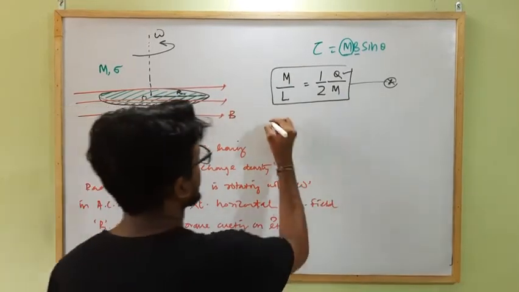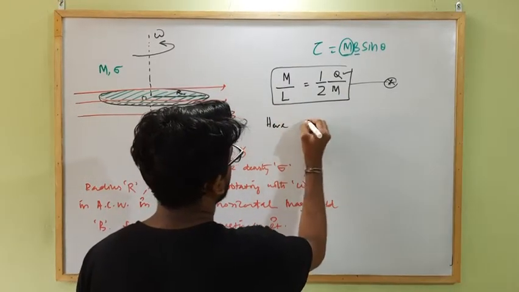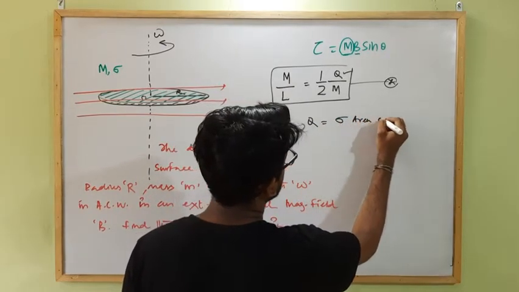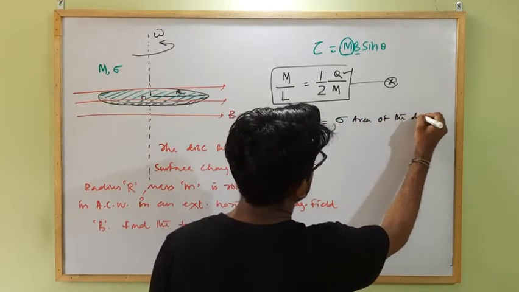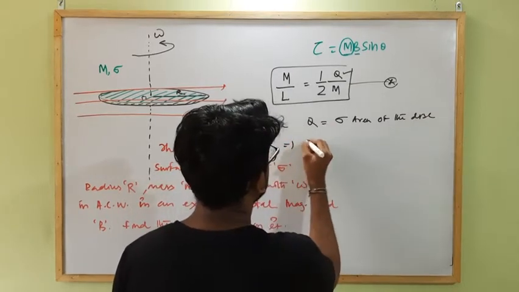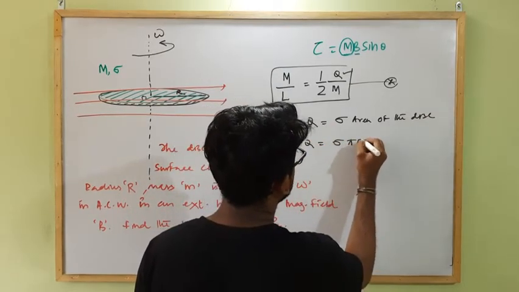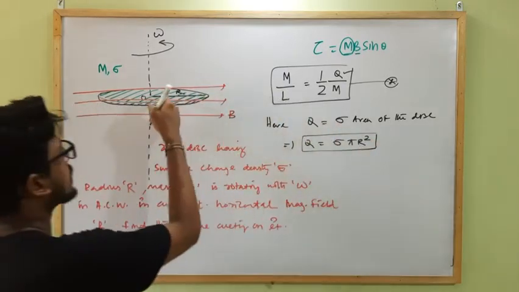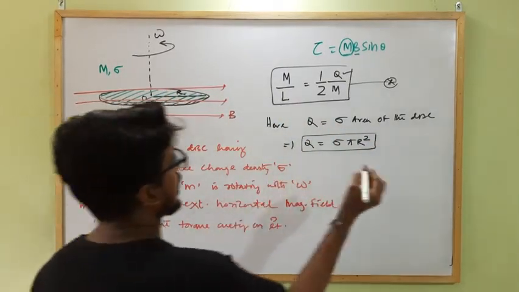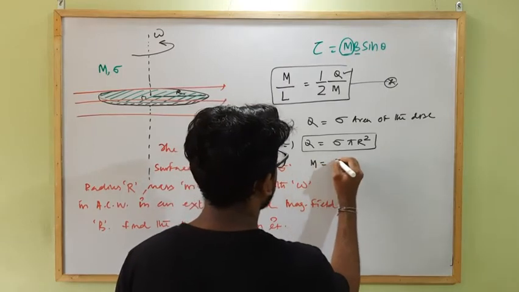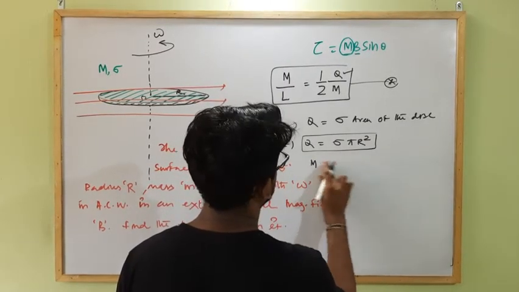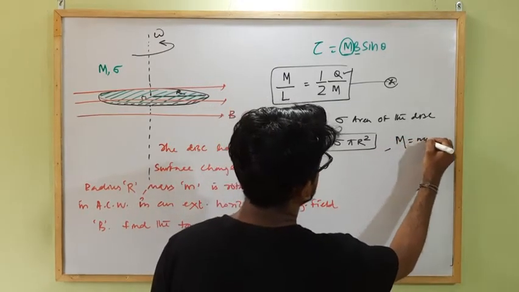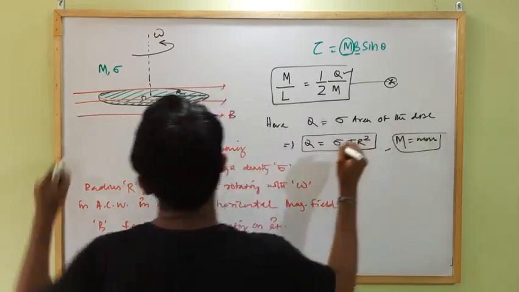Here q equals sigma times the area of the disk, which implies q equals sigma pi r square. This is the total charge associated with the disk, and the mass of the disk is given as m.